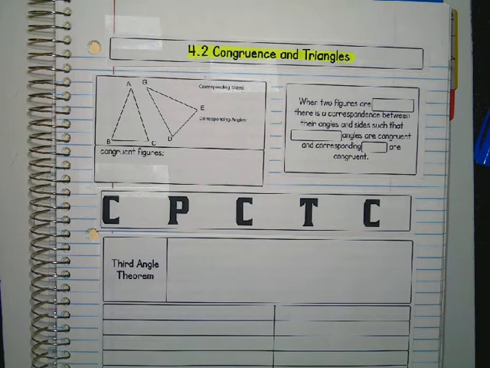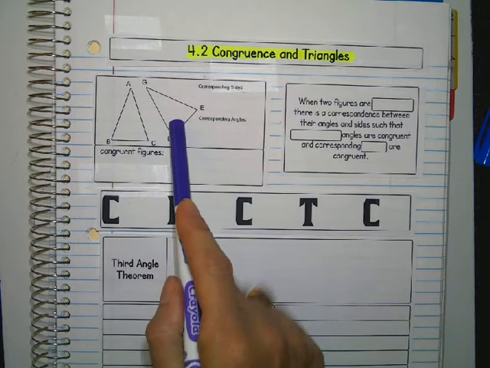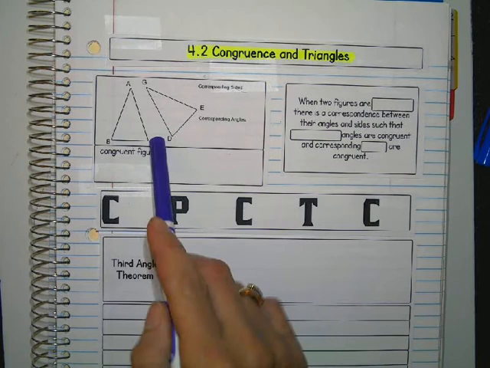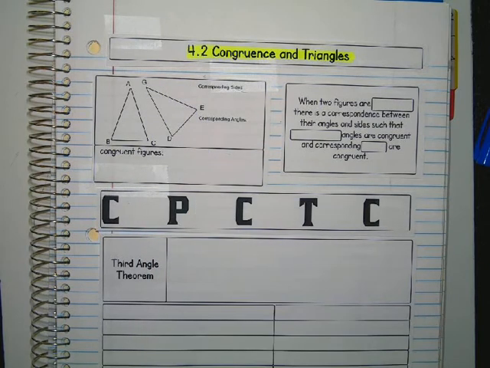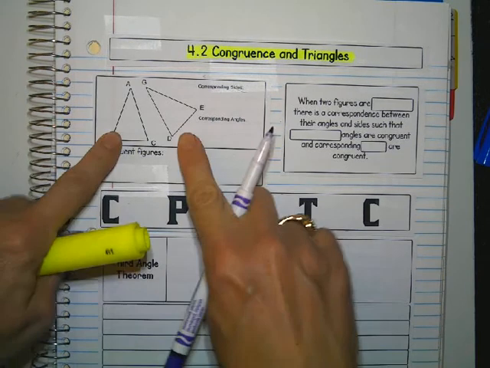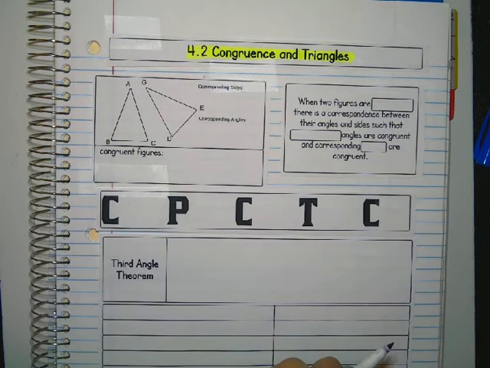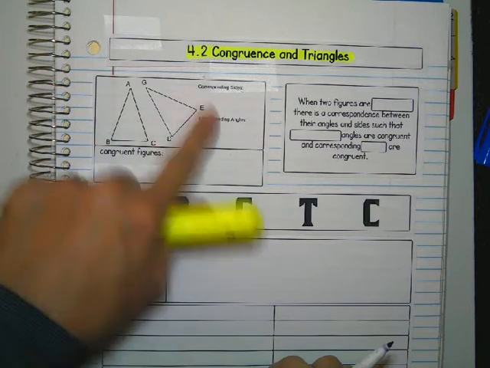So what exactly is congruent? Let's say we have these two triangles right here, triangle ABC and triangle GDE. Clearly, by the eyeball postulate, they look congruent. Everything about this triangle looks exactly the same as everything about that triangle.